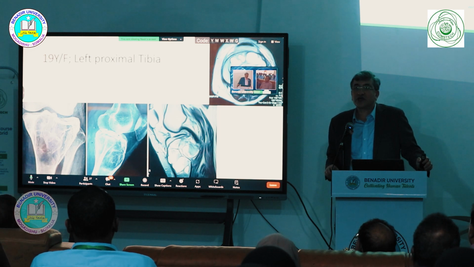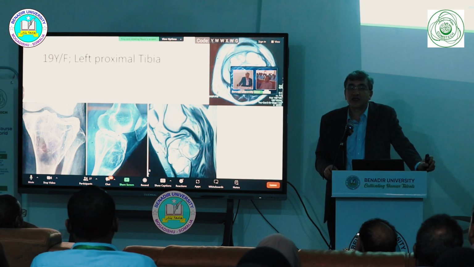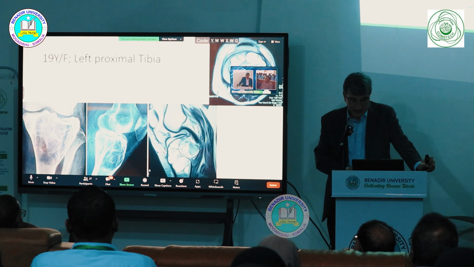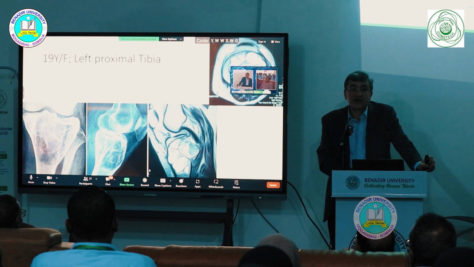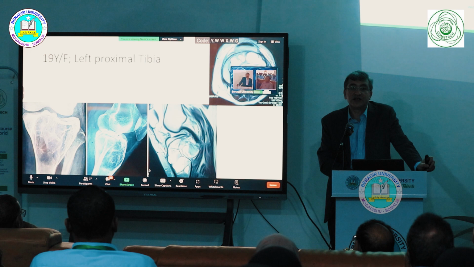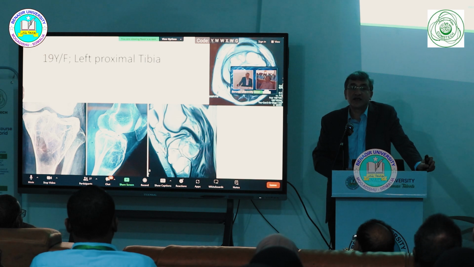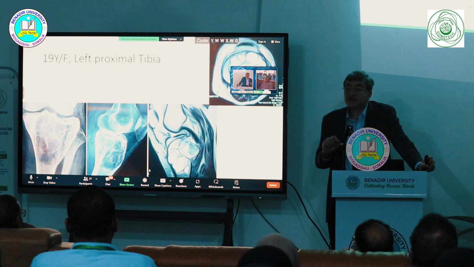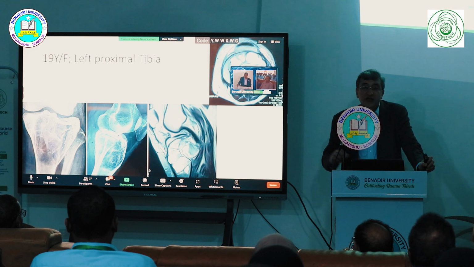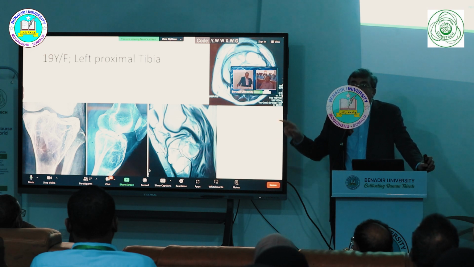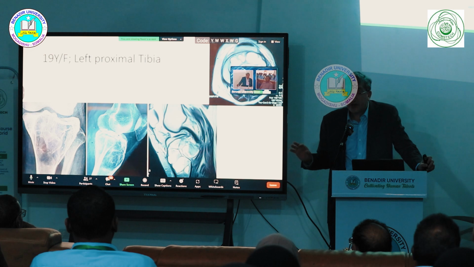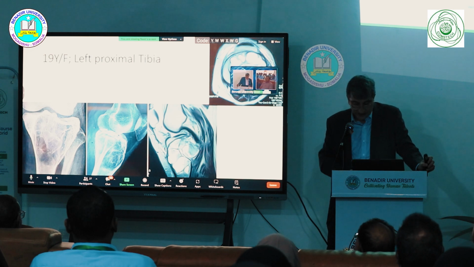So what is your differential on radiology? Yes, giant cell, because the bulk is in the epiphysis, but it crosses the metaphysis as well.